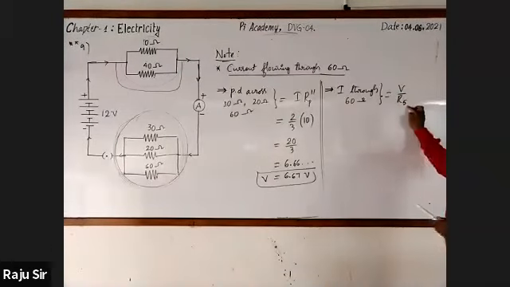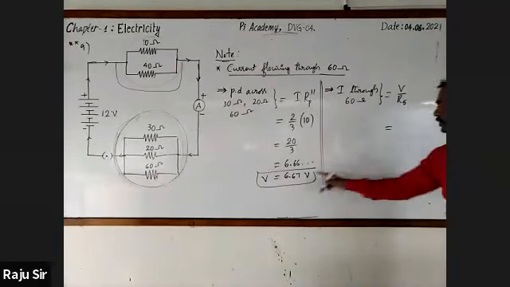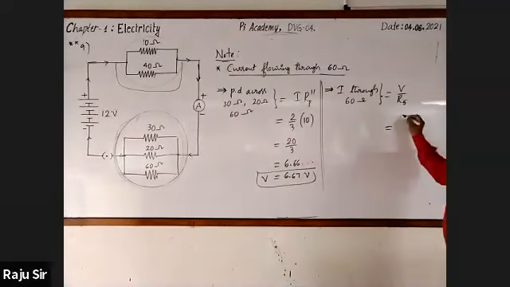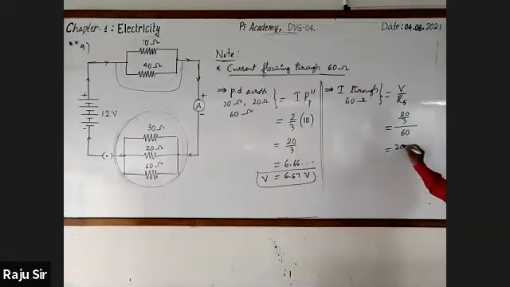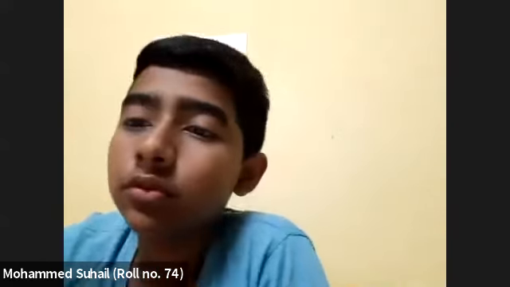So V by R: voltage is 20 by 3, and R5 is 60. It is equal to 20 by 3 into 1 by 60. This is equal to 1 by 9, which is 0.11 amp.